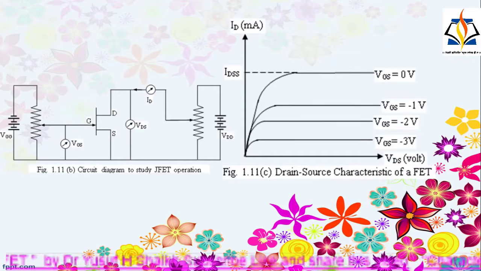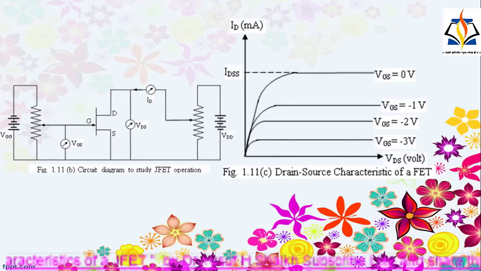Further increase in voltage VDS increases the reverse bias on the junction, resulting in an avalanche breakdown of the gate junction. Because of this, the drain current shoots up rapidly as the drain voltage adds to the bias at the gate. The saturation current is maximum with VGS equal to 0 and is designated as IDSS.